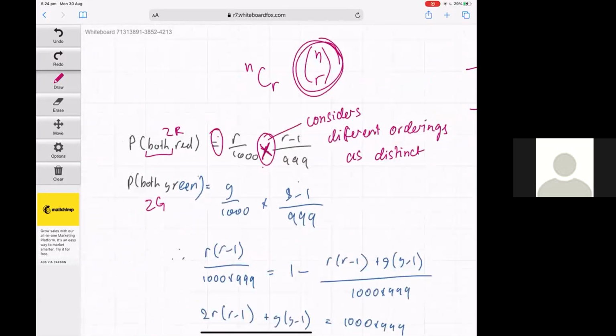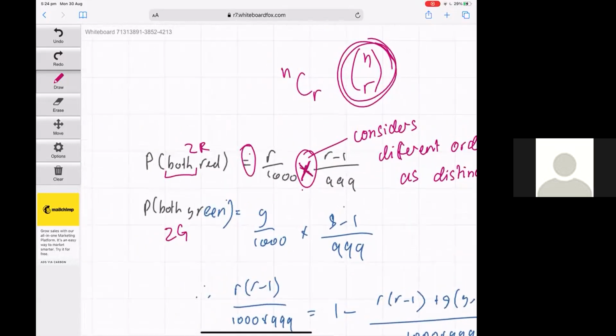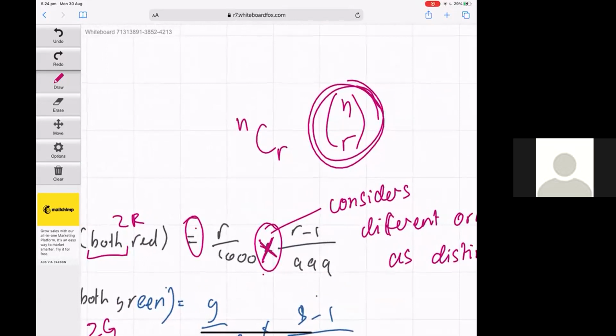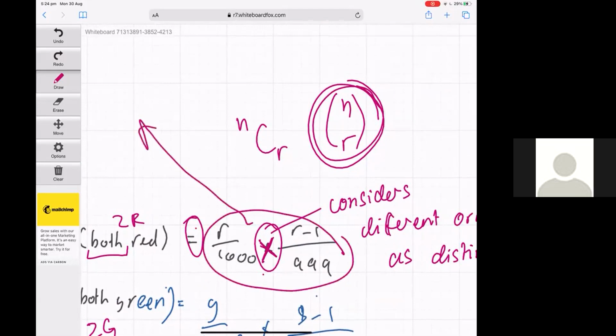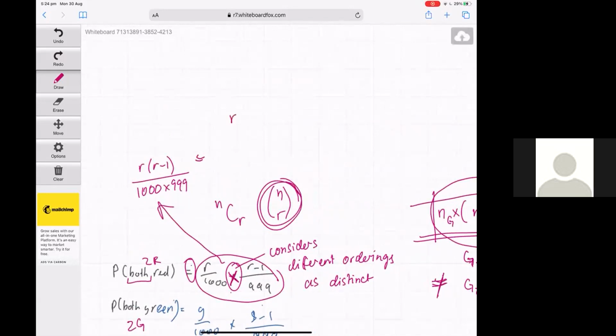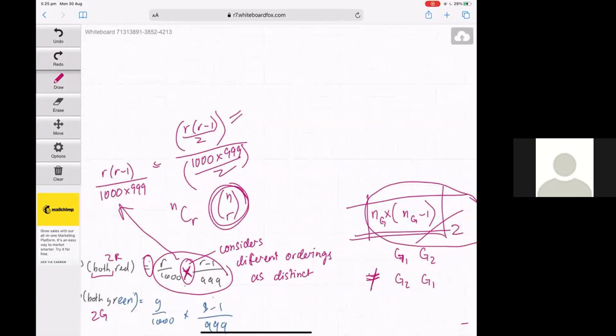However, maybe this ends up working in the end. I think in fact it does, because what you have is r times r minus 1 over 1000 times 999, but we know that's equal to r choose 2 divided by 1000 choose 2, with the factors of 2 in the numerator and denominator.